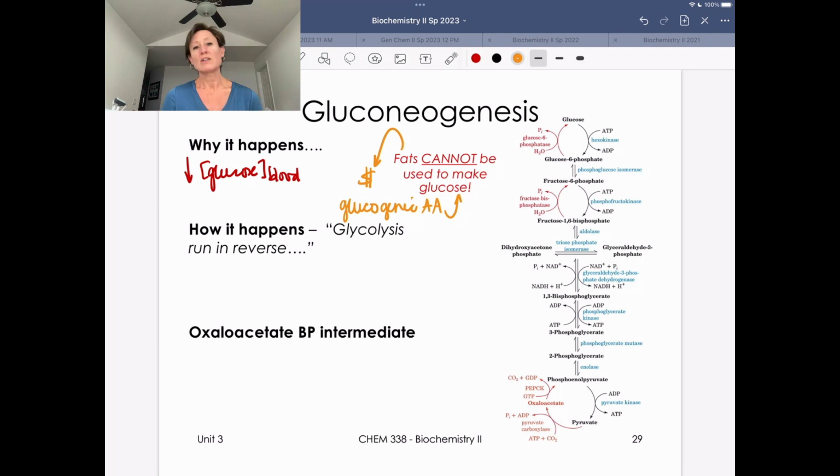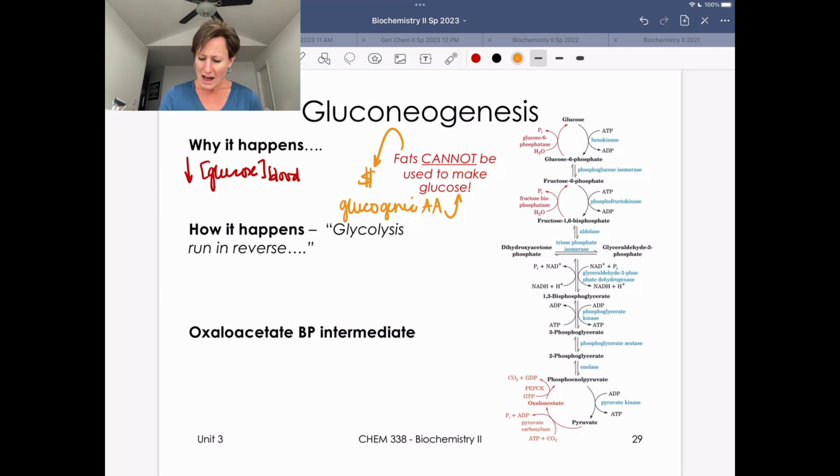Okay, glucogenic amino acids, if they're able to be made into a pyruvate skeleton, then we can use those for gluconeogenesis and make glucose. So, glucogenic amino acids can be made into glucose, but that's very costly. Fats can pay the cost for that. So there is sort of a place for fats in gluconeogenesis, but it's really only paying the energetic cost.